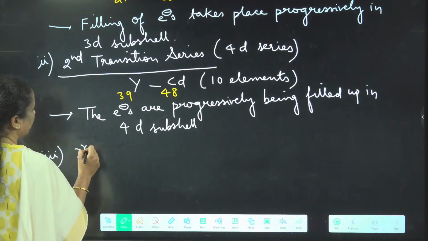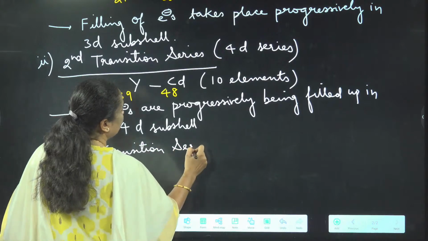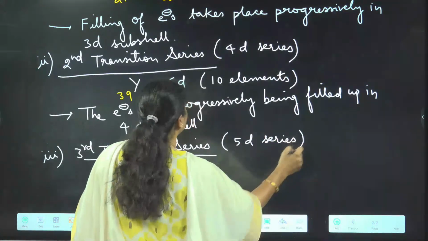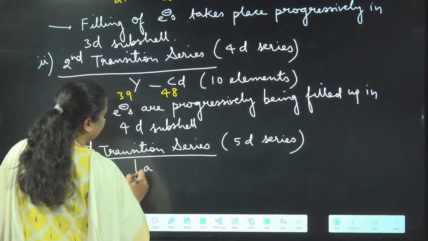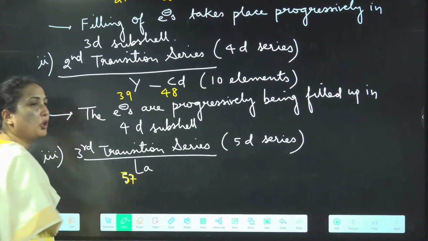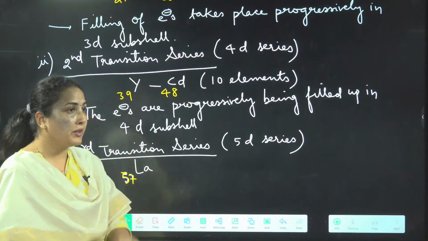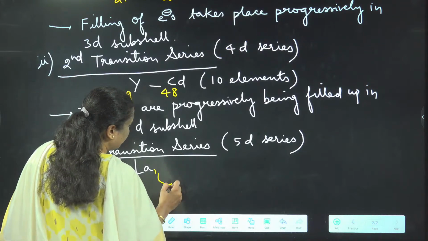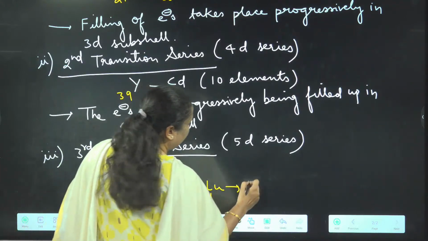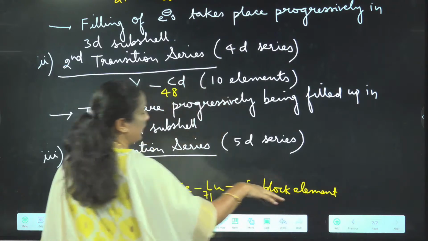Next one is third transition series. In third transition series, we call this 5D series, right? It starts off with lanthanum, which is 57. Again, we are adding 18 only to this, because after lanthanum the lanthanoids start off. So after lanthanum, you will have cerium to lutetium, which is 58 to 71, and I'm writing this as F block element. I am writing this only so that you can relate the things, okay?